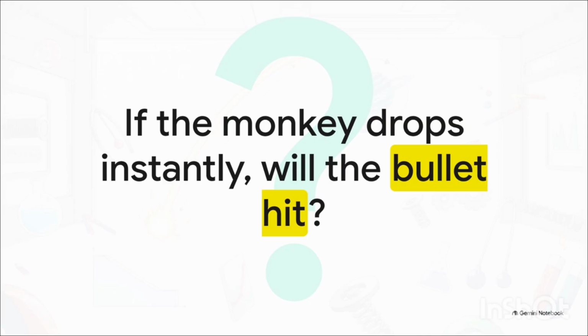Take a second to really think about the independence of vertical and horizontal motion we just talked about. Because gravity pulls both the bullet and the monkey downward at the exact same rate, that bullet falls away from its straight line path by the exact same vertical distance that the monkey falls from the tree. So yes, crazy enough, they will collide in midair every single time.